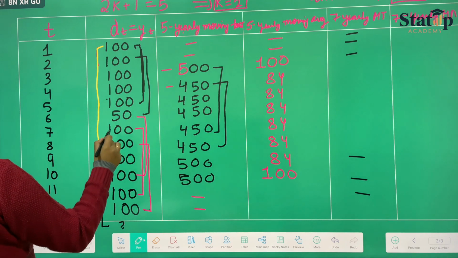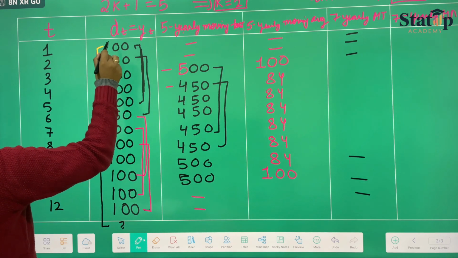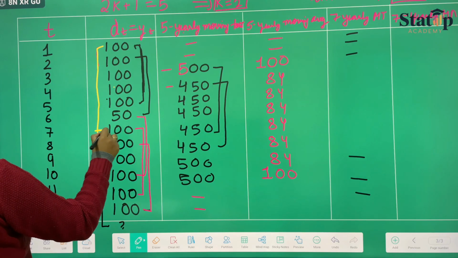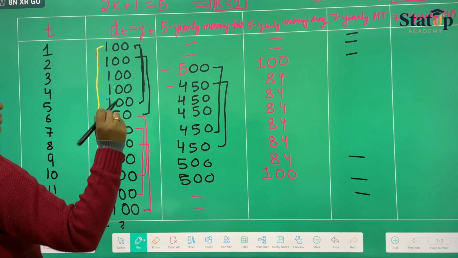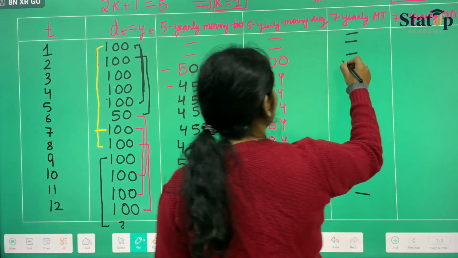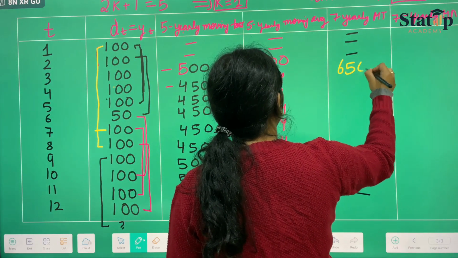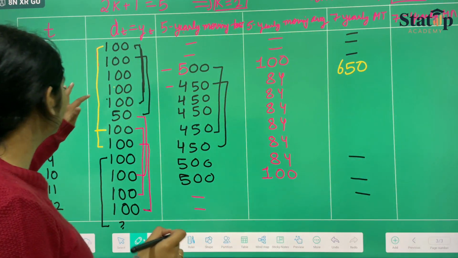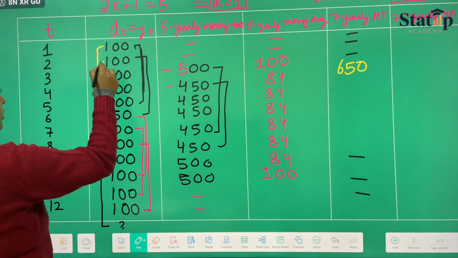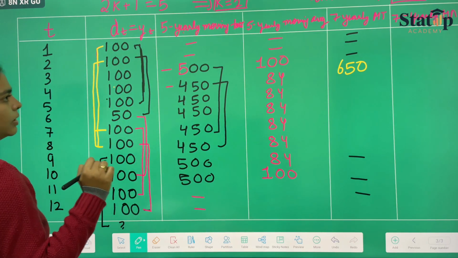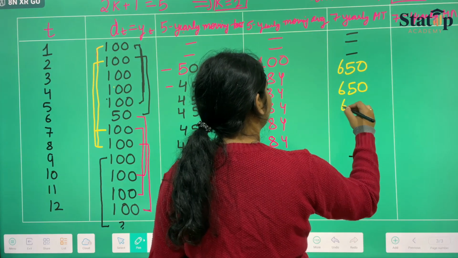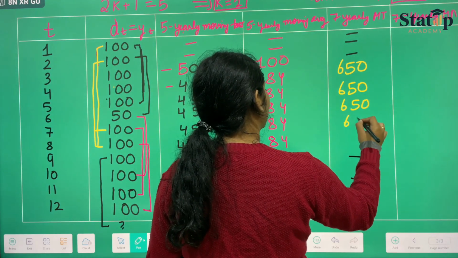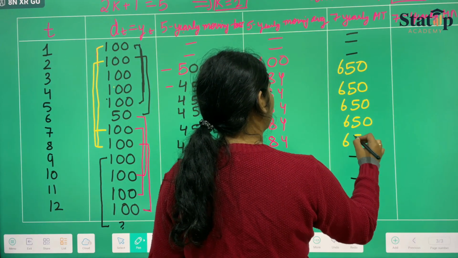So these would be 1 2 3 4 5 6 till here, 650. So the first one would be 650. Then the second one would also be from here to here. Then it will be again 650, again 650, again 650, and again 650.